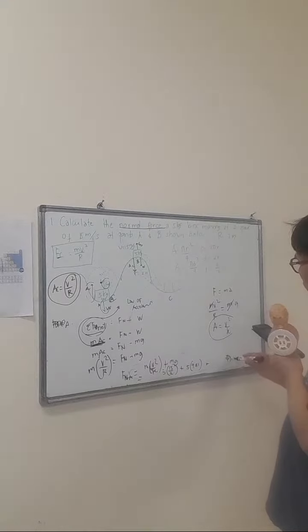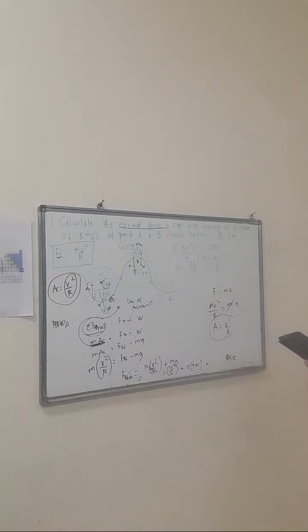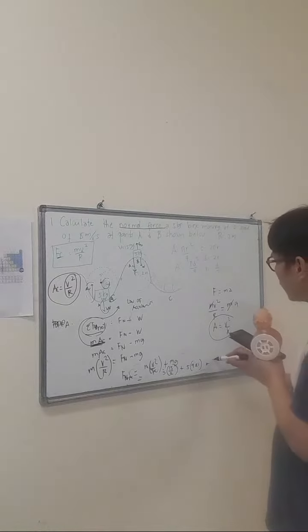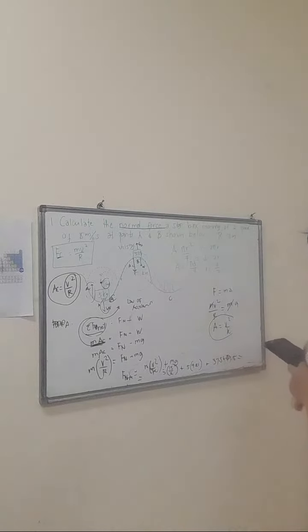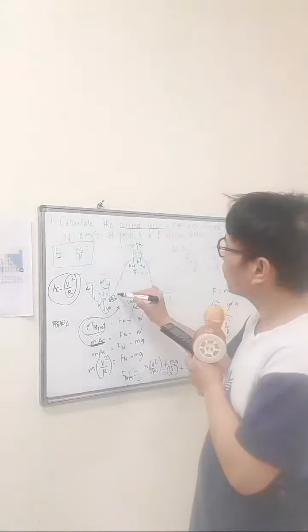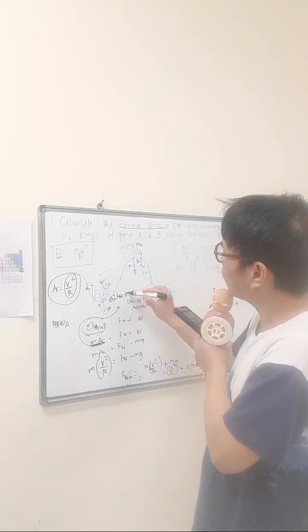Then add the 15 divided by 2 times 5, which is equal to 37.5. 37.5 plus 49.5 is equal to 87 newtons. So 87 newtons is our normal force at point A.